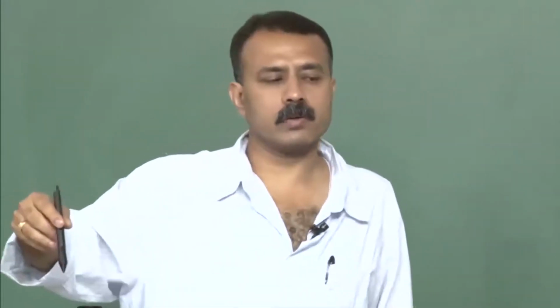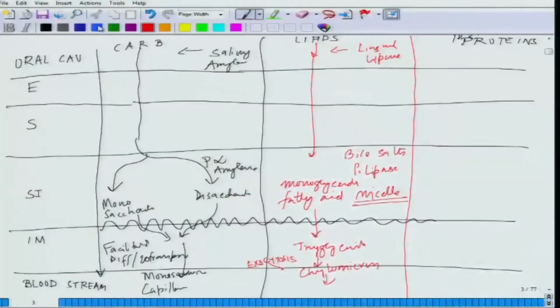So from here we will talk about the fate of the proteins, which we haven't talked about yet. Once their first action takes place in the stomach, where your pepsin comes into play, proteins become polypeptides.